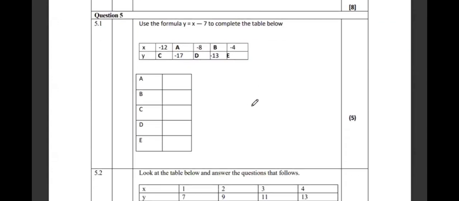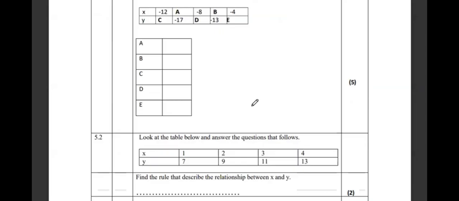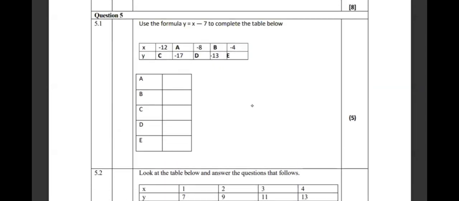Okay, then 5, use the formula y is equal to x minus 7 to complete the table. For how many marks? 5 marks. So if x is negative 12, it's going to be negative 12 minus 7, which is negative 19, this one. So C is negative 19.